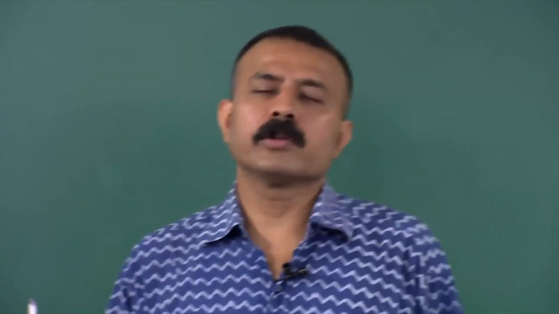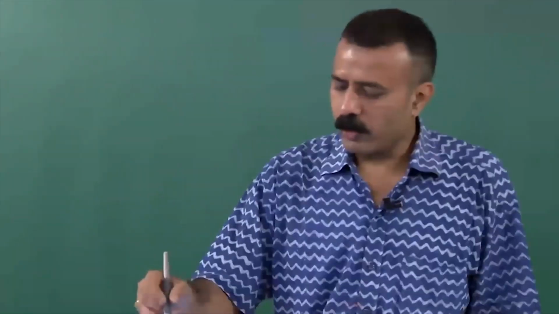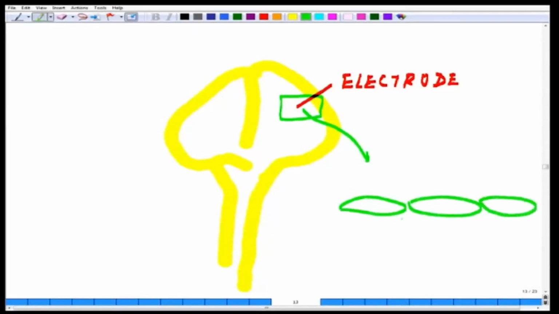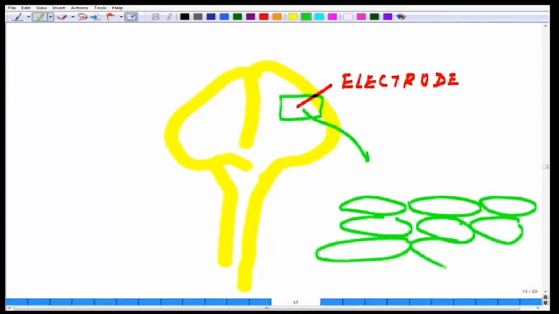A cell continuously secretes certain things in and around it. If I had to amplify this image, at the cellular level, there are a lot of cells like this sitting here, and you have an electrode out here like this.